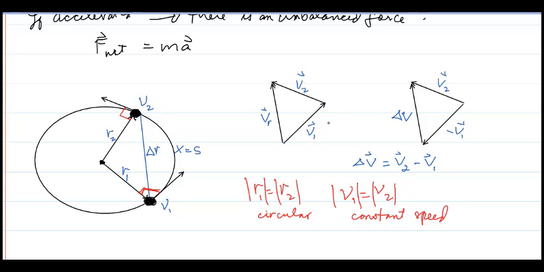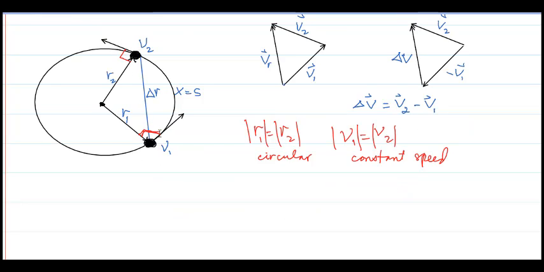But if we change the direction of V1 to the opposite direction, then V2 plus the negative of V1 is V2 minus V1, which is not the resultant vector anymore, but the change in velocity, V2 minus V1.